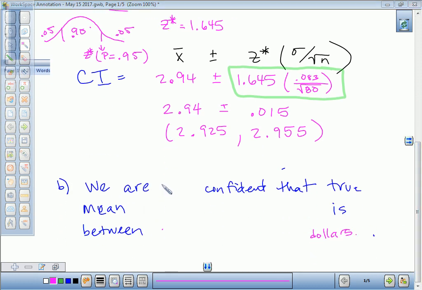We are what percent confident? What confidence interval did we have? 90. That the true mean, what are we looking at this time? This time we're looking at the price of a gallon of regular gas.